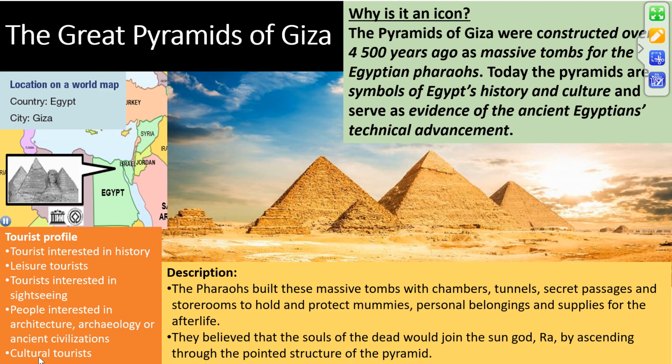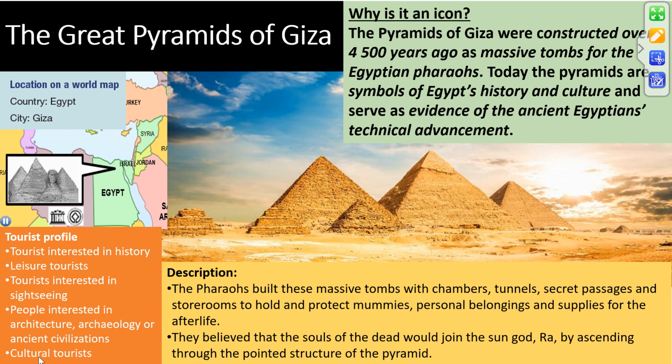Now, remember that these were built 4,500 years ago, and when they were built, there was no such thing as a crane, there was no cement, there was no way of moving these blocks uphill, and that is why the building of these pyramids are regarded as evidence of the ancient Egyptians' technological advancement.